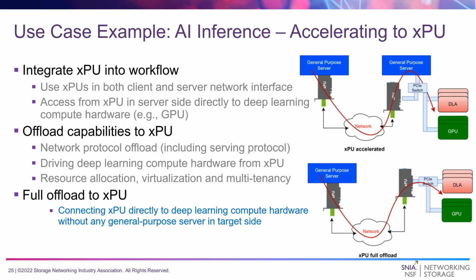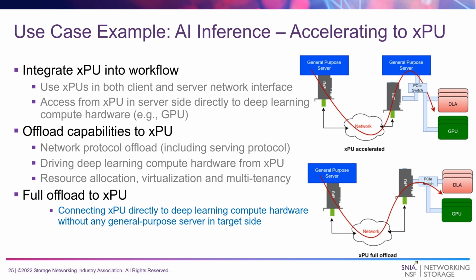We can try to offload the resource allocation, the virtualization, quality of service, multi-tenancy. Some of those might be complex, but depending on the features required, those could be done in the xPU. And again, here also, we could offload everything if you can implement all the required features of that remote system, which is a bit more complex than the storage one.